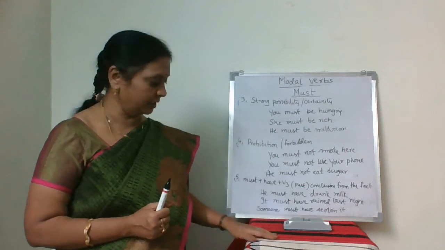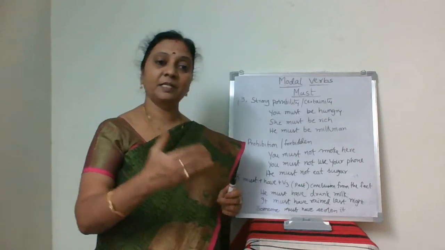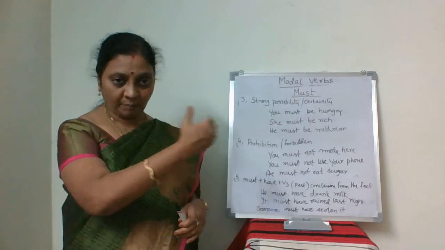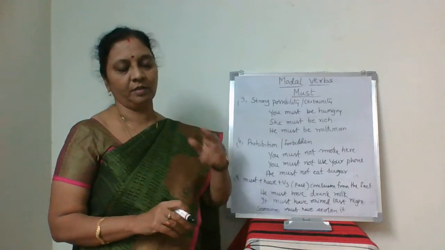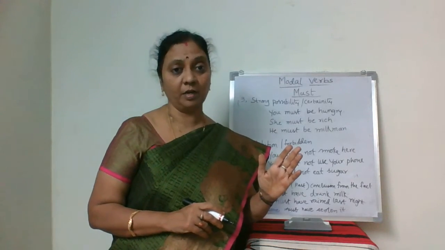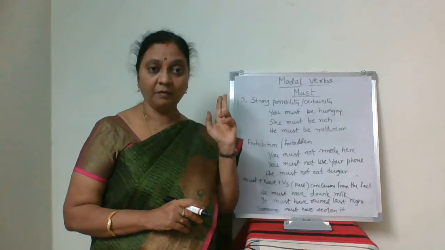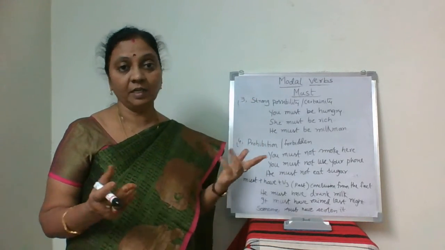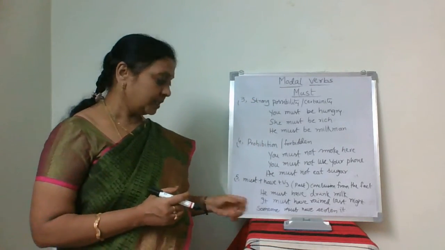Prohibitions. Then must plus have plus V3, that is concluding: we come to a conclusion from the facts. He must have drunk the milk, it must have rained heavily last night.